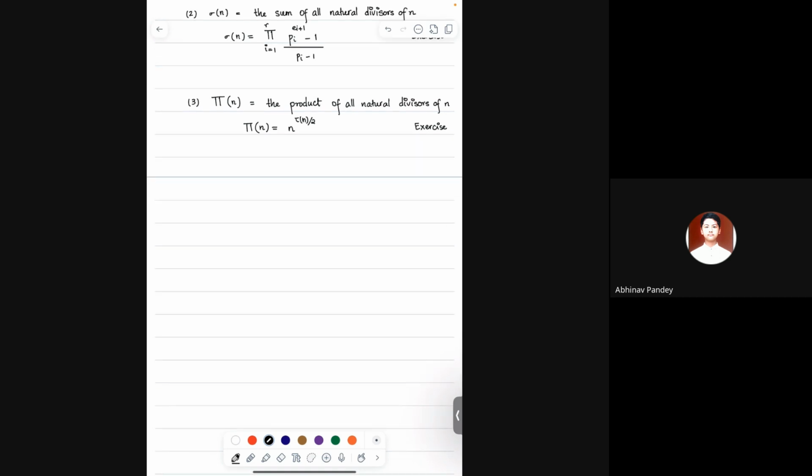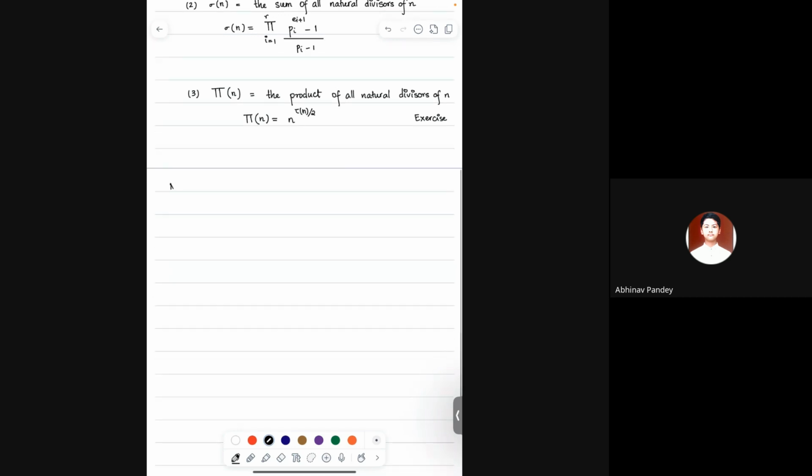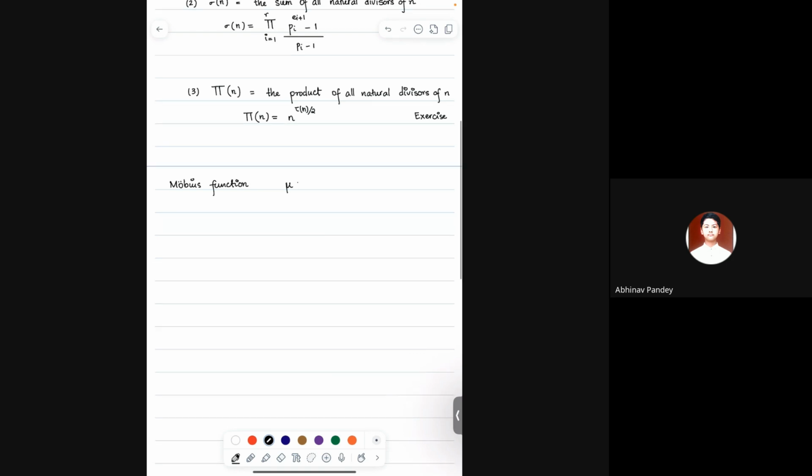So now the Mobius function. What's the Mobius function? So this is going to be a function that I'm going to denote by mu. This is an arithmetic function, so it's again something that goes from N to C. And how do I define this function?